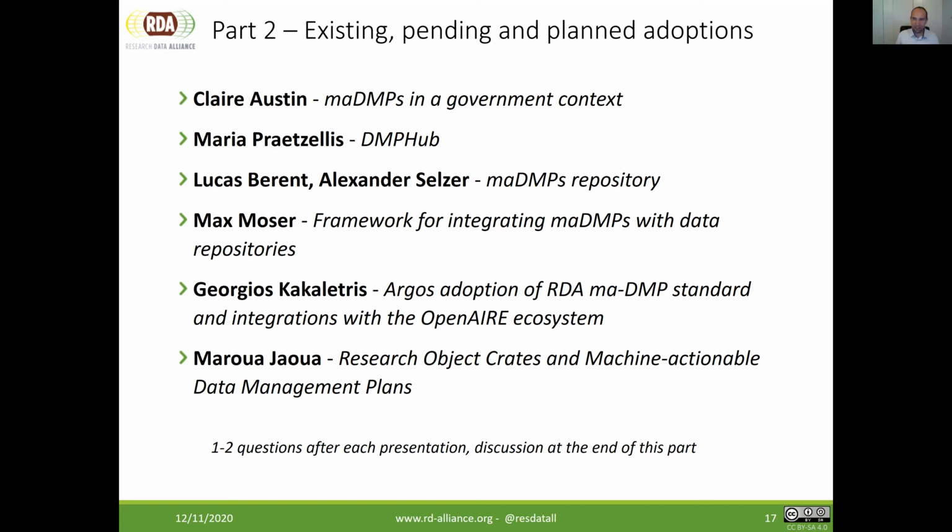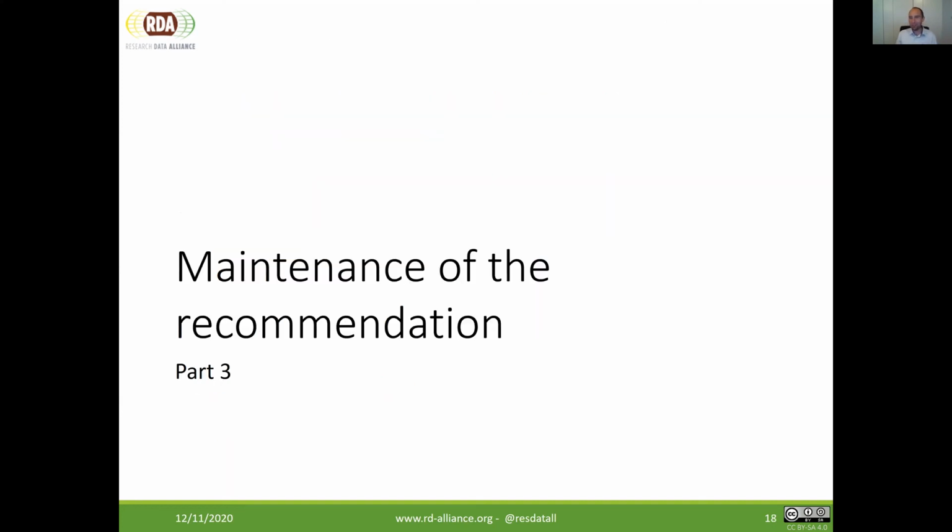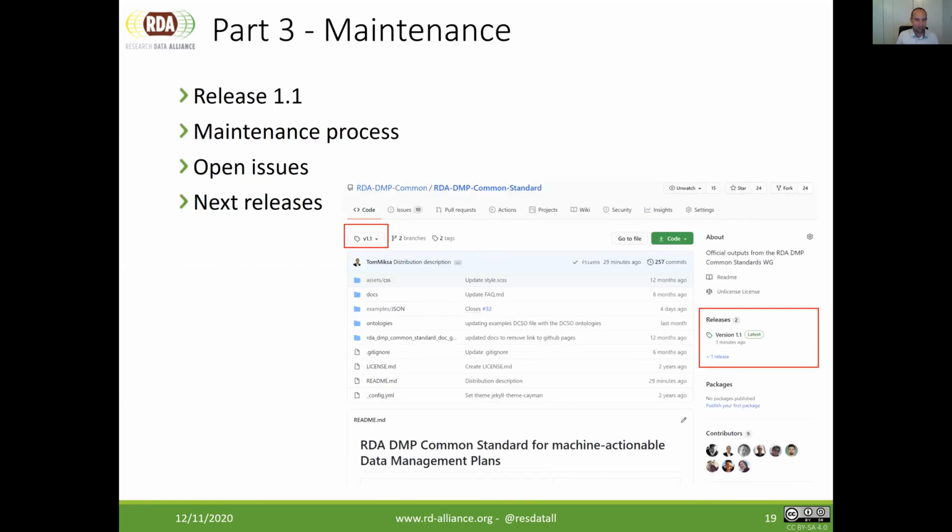Okay, we have 7 minutes left to finish the session, and I still didn't get to part 3. So let me go quickly through the maintenance of the recommendation we did. We have a new release, which is version 1.1. If you go to the GitHub repository, you can see in 2 places, on the right-hand side, version 1.1.